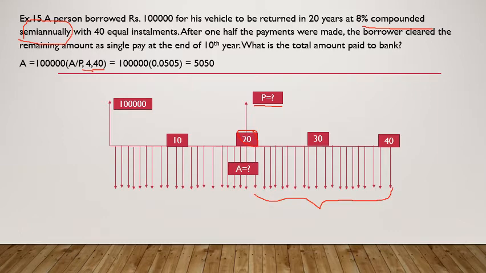A is flowing uniformly from 21 to 40. How many payments have been done? 20 payments have been done. How many payments are remaining? 20 payments are remaining. How do I pay them? In one payment, at T equal to 20.